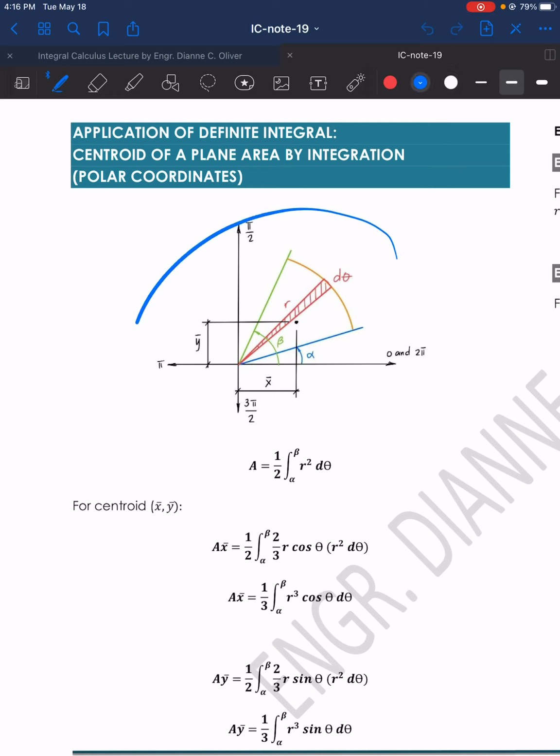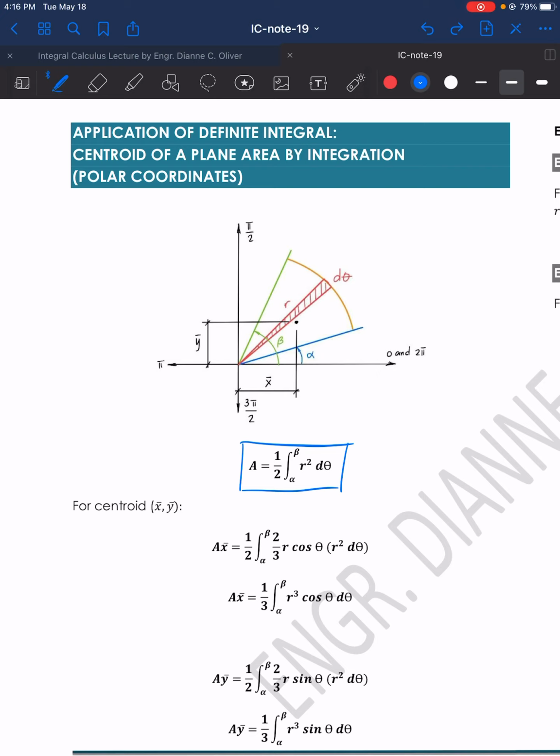So consider this figure of a polar coordinate, and we're looking for the centroid x bar and y bar. In order to get that, we need first to compute for the area inside the figure.